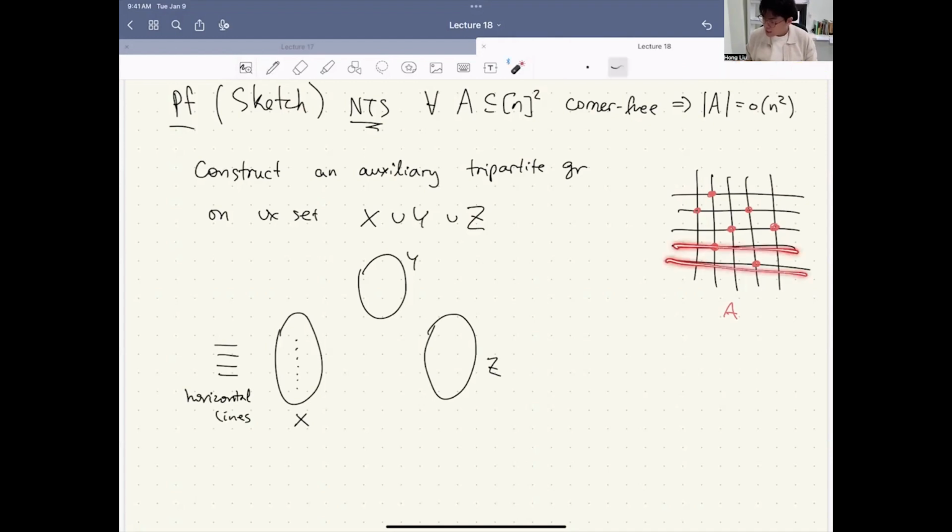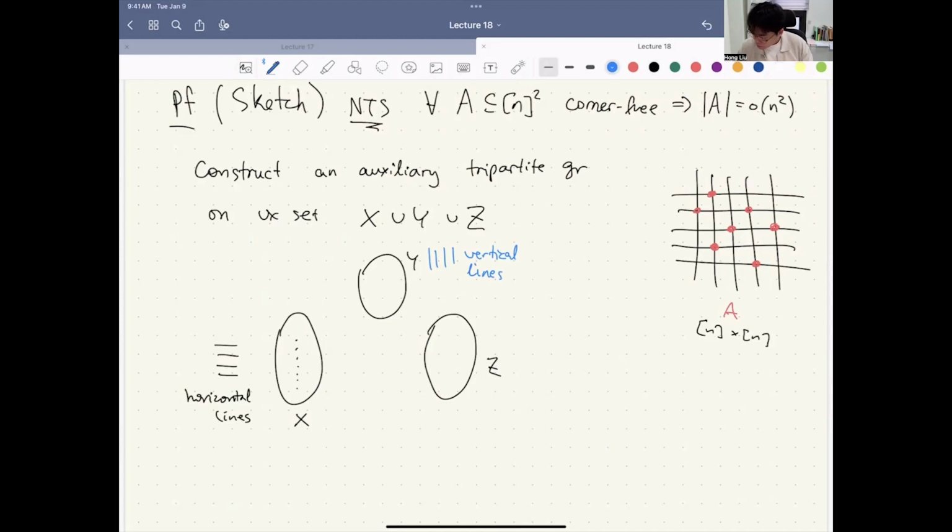Every one of these lines in the n by n grid, you make it a vertex in X. Every vertical line in this grid, you make it a vertex in Y. So here's Y.